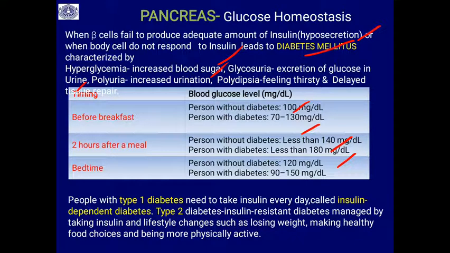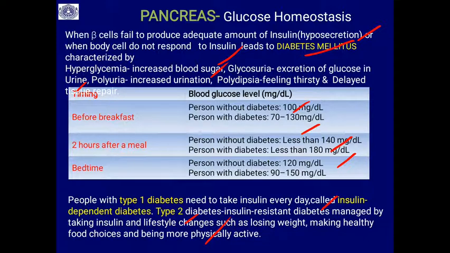There are two types of diabetes. Type 1 diabetics have to take insulin every day to maintain the glucose level, so it is called insulin dependent diabetes. Type 2 diabetes is called insulin resistant diabetes. This is managed by taking insulin and also lifestyle changes, and more persons are suffering from type 2 diabetes.